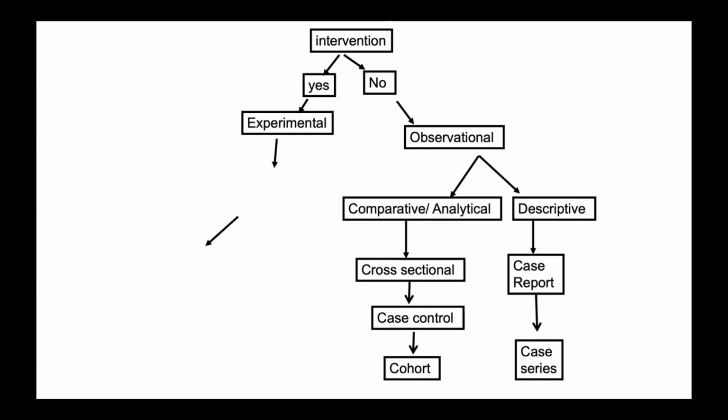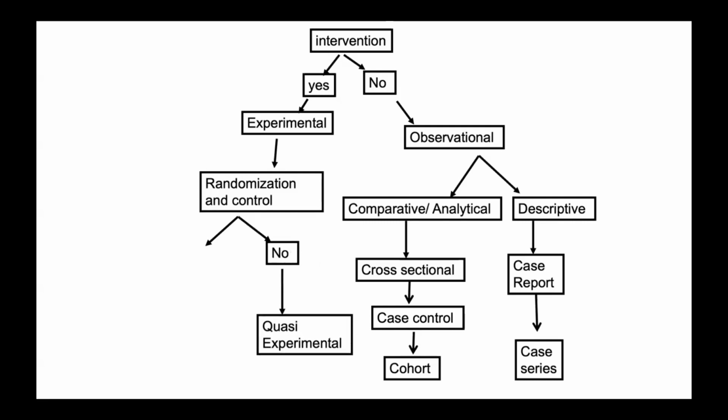On the other hand, when it is experimental and it is animal, it is called an animal study. When it is human, it is randomized control. Randomized control once again: if there is quasi, there is control or not, one parameter missing, that is quasi, or if this is yes, then it is called randomized.